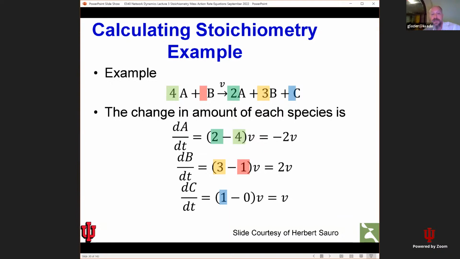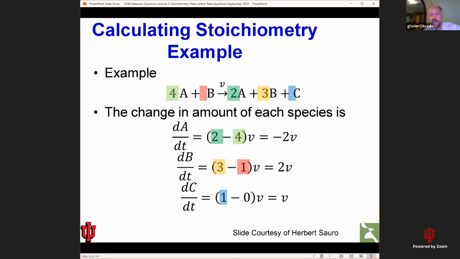For B, I have 3 on the right and 1 on the left. So I have 3 minus 1, plus 2. I create a net plus 2 of B per unit reaction. And so the rate of change there is 2 times V. C doesn't occur at all on the left, it only occurs on the right. So my species stoichiometric coefficient is 1, and so the dC by dt is just V. Right?